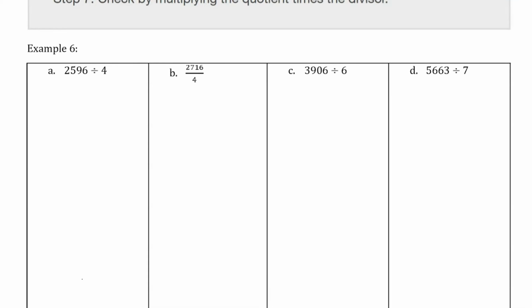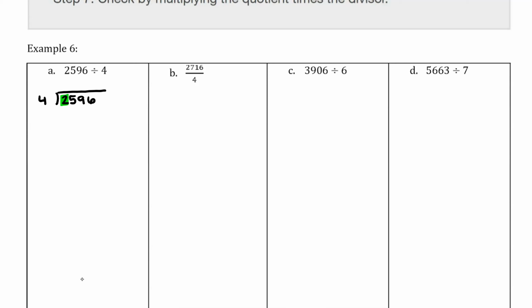So here we have 2,596 divided by 4. So I'm going to put this in long division. 2,596 goes under the division, and 4 goes outside. So now we want to see, what do I need to times 4 by to get 2?